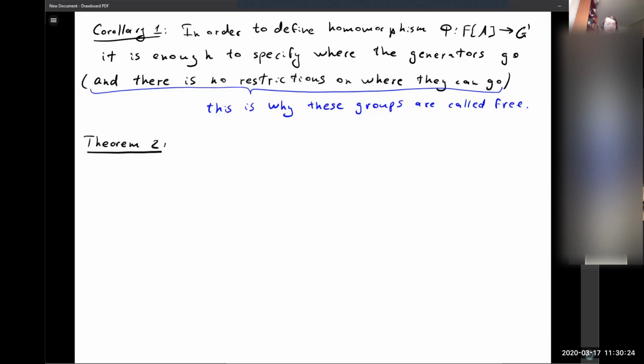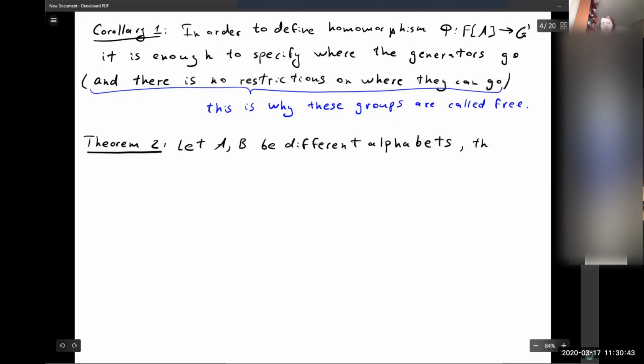Let A and B be different alphabets. Then the free group on A is isomorphic to the free group on B if and only if A and B have the same cardinality.